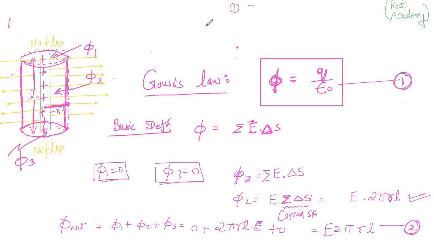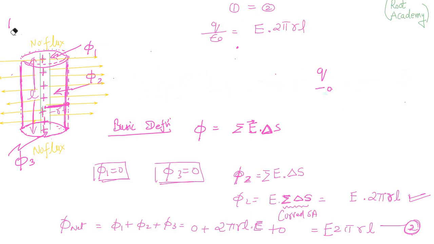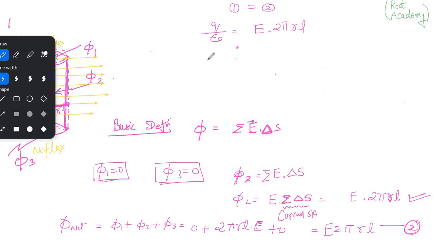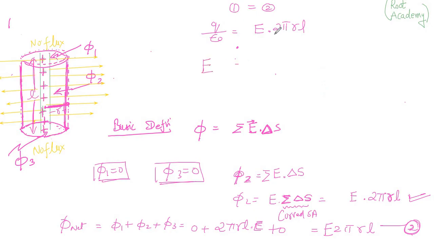So I can say Q by epsilon naught is E into 2 pi RL. We are interested in finding the electric field, so E will be Q by epsilon naught 2 pi RL.